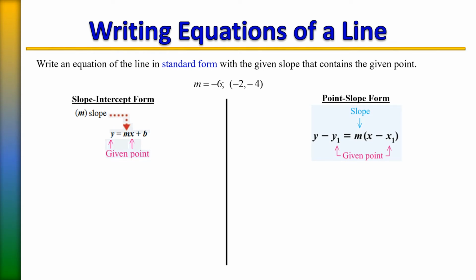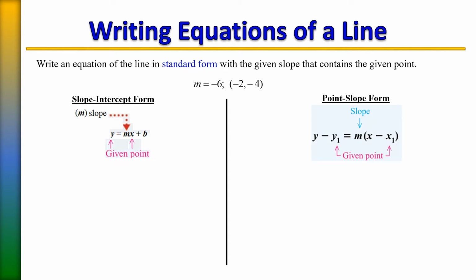If you're using the slope-intercept form, we're going to remove y and replace it with what? Yes, you should know this by now. Your y value of the ordered pair you were given is -4, so we're going to remove y and replace it with -4. We're going to remove m and replace it with what?